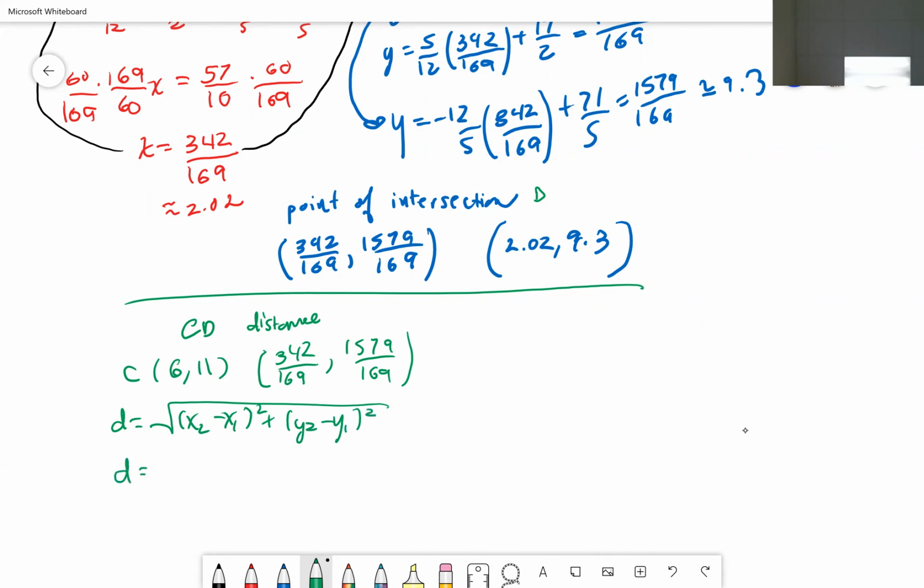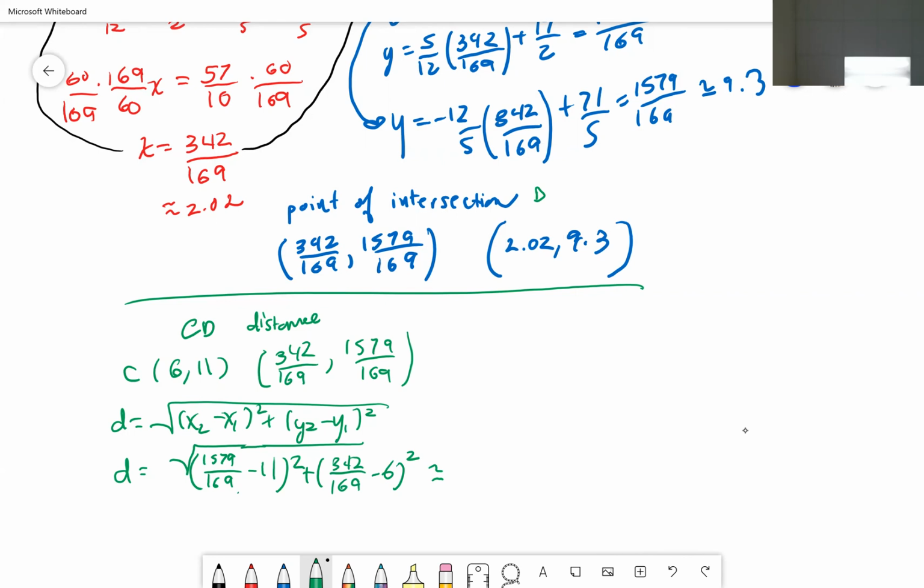So that's going to be 1,579 over 169 minus 11 squared, plus 342 over 169 minus 6 squared. I did my y's first, doesn't matter. I'll just keep it in the memory of the calculator and do this whole thing.